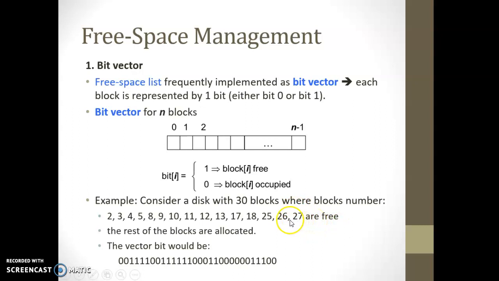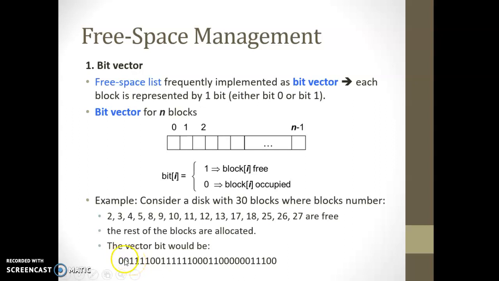Okay, so these free blocks will be represented by bit 1. Right? And the other blocks which are occupied will be represented by bit 0. So the vector bit would be this one. Okay, so again 0 is the occupied block and 1 is the free block.